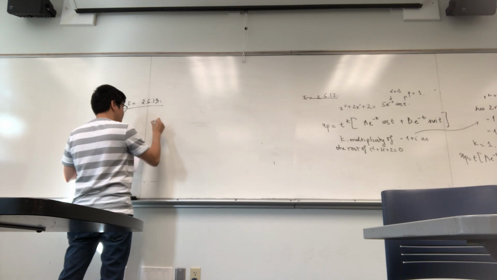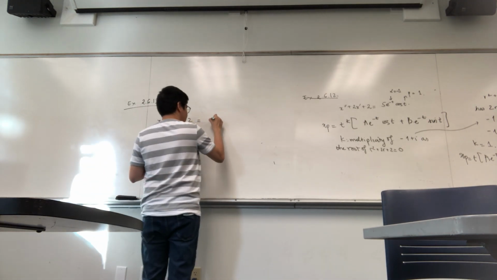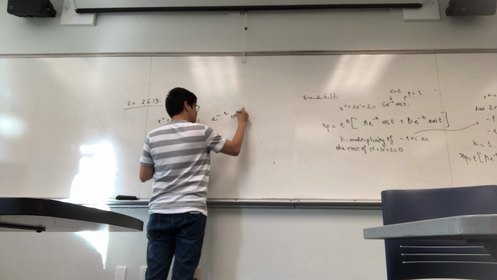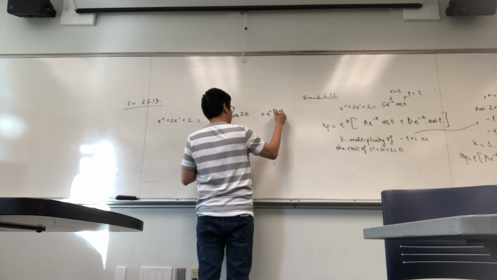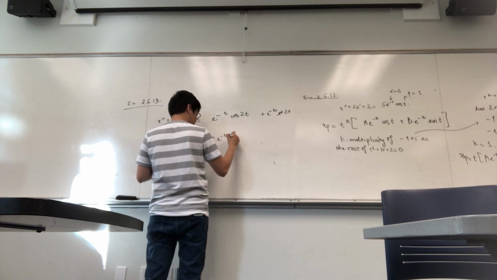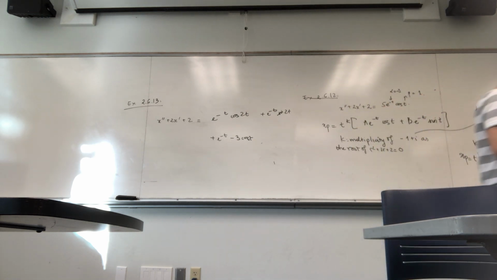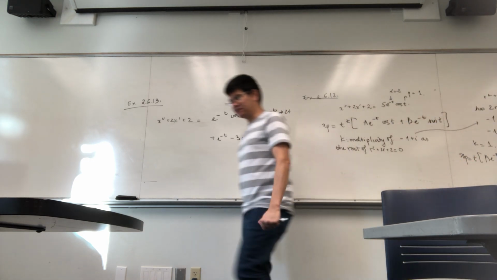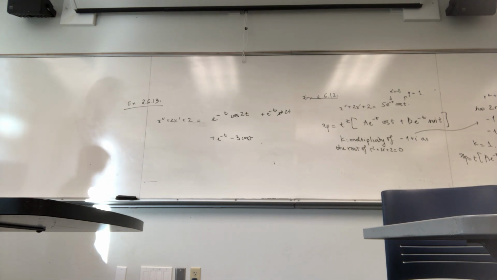You have x'' plus 2x' plus 2x equals e to the power minus t cosine of 2t plus e to the power minus t sine of 2t plus e to the power minus t minus 3 cosine t. All right. So this is a very horrible form of the force, right? How can I do it?